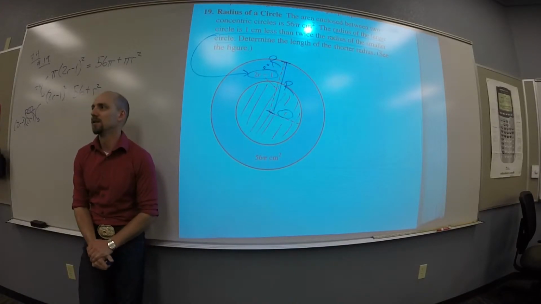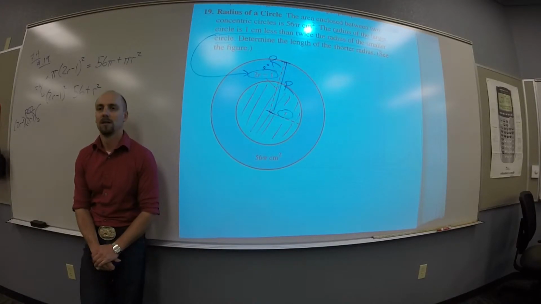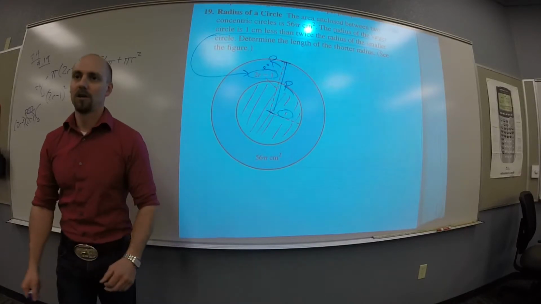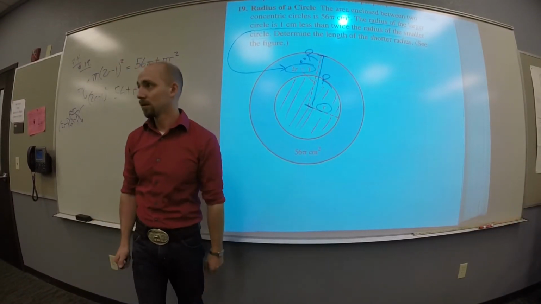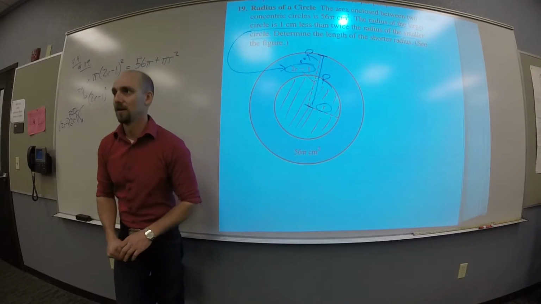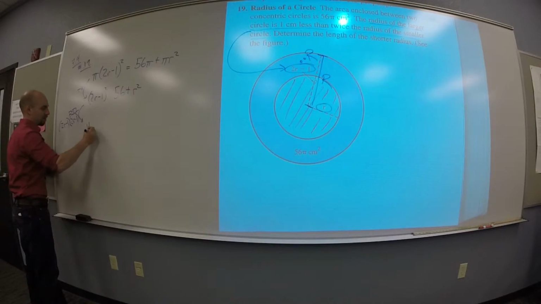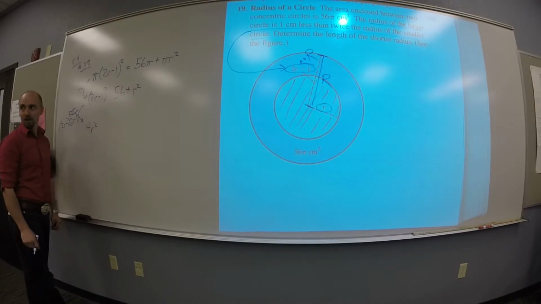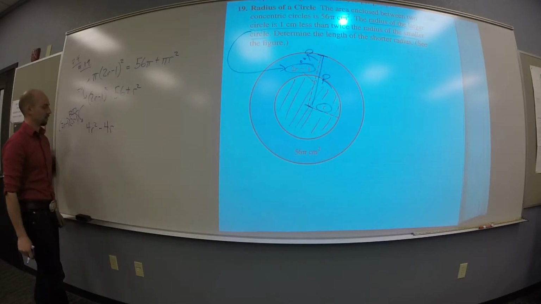Take a second. Get somewhere? Cool. All right, what'd you get? Hopefully 4r squared minus 4r minus 4r plus 1.